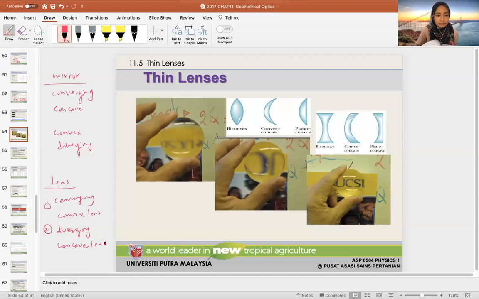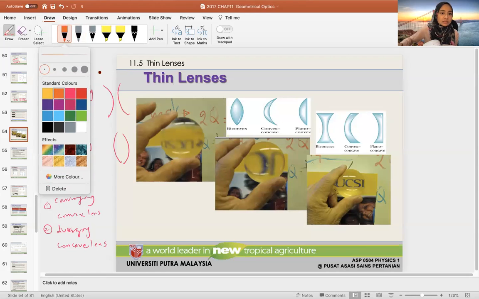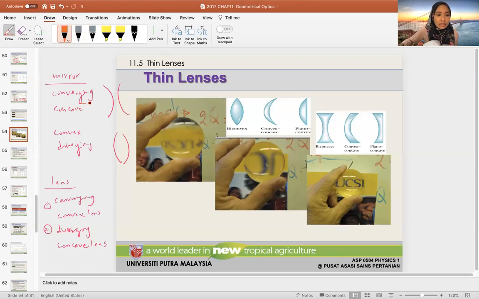So it's reversed. Okay, but converging, the way we drew it for a mirror was like this. When light hits the mirror, because of its shape, it converges like that.